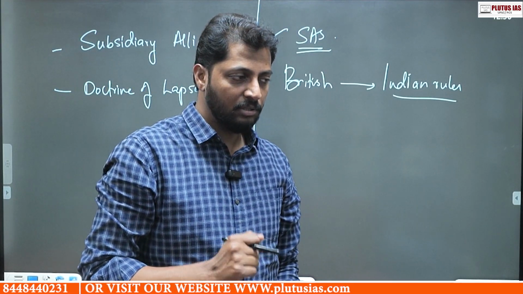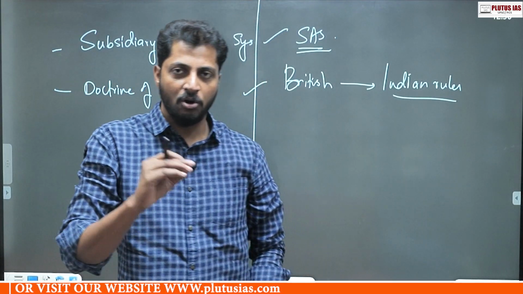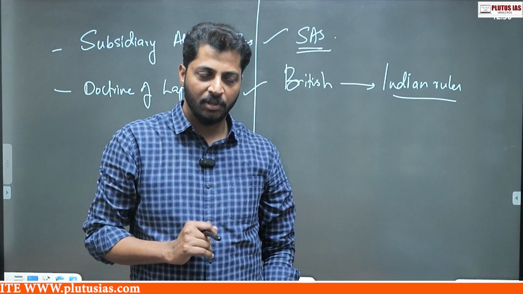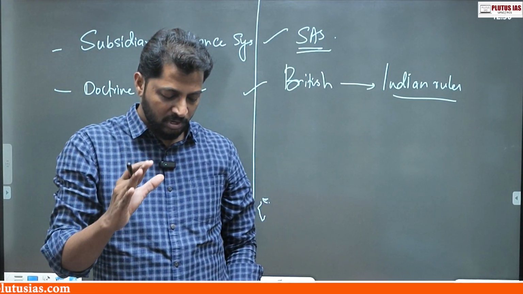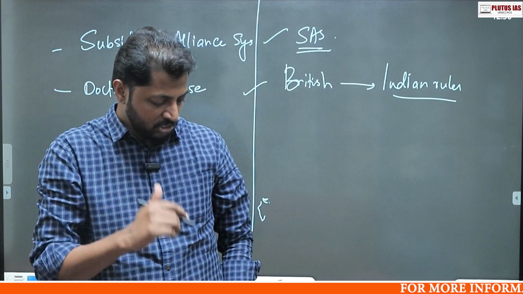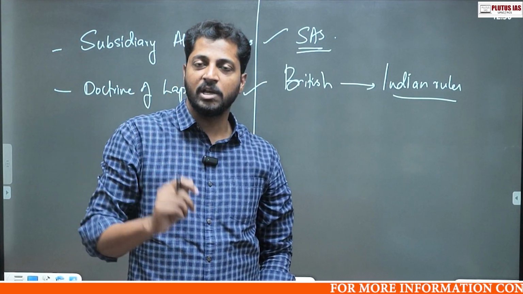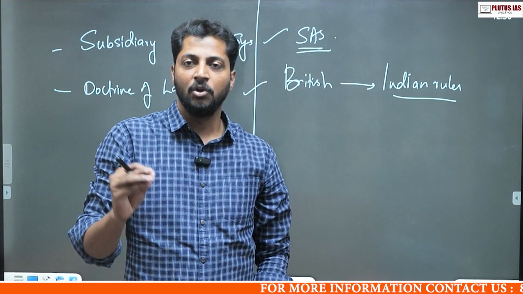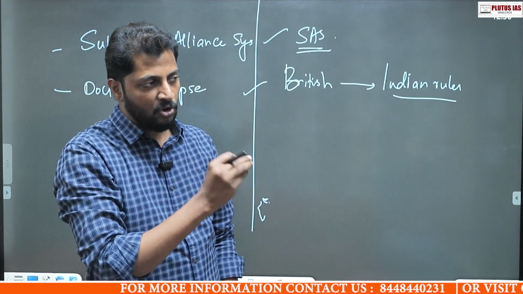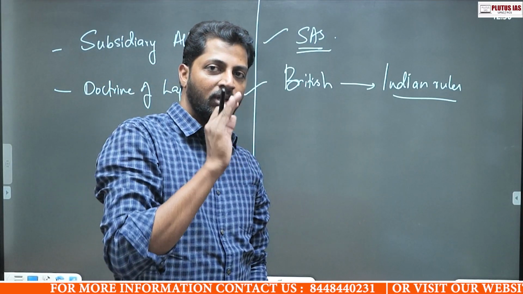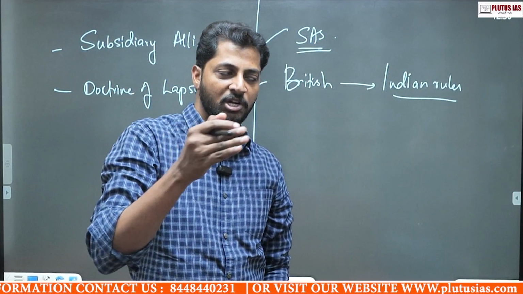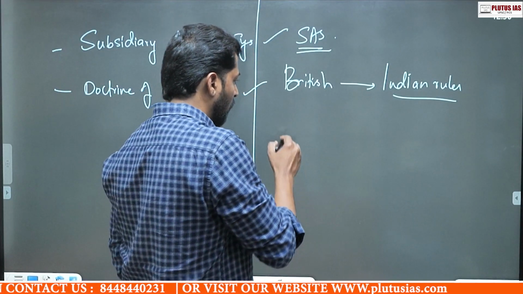The second condition is they have to maintain the expenses of such army. If they fail to provide such money, they have to cede some territory to the British. The next condition is they cannot enter into any treaty with any other European power or even an Indian ruler. They cannot employ any other European in their court, and they should accept placing a British resident in their court.